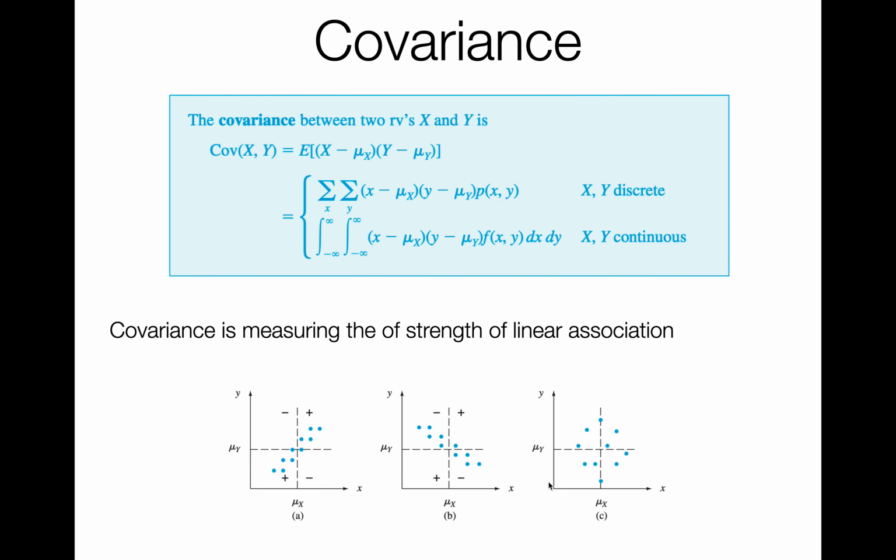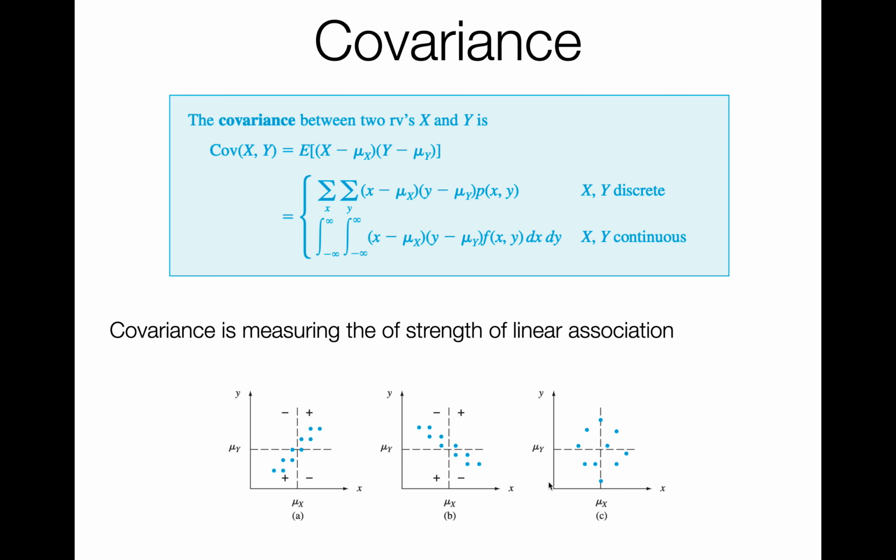Now, something different here is that we can't have a variance of two variables. And so we come to something called the covariance. So how do two things covary together? There is a formal definition here of what the covariance is.